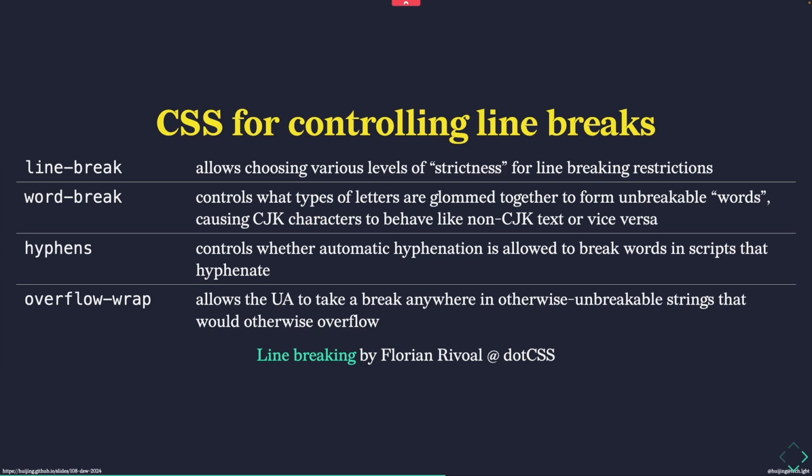It's a bit complicated. There are also scripts like Thai, which are written without spaces between words. If you've ever seen Thai text before, there are no spaces anywhere. But then the text ends up being wrapped at syllable boundaries in addition to word boundaries. So if you don't read Thai, sad for you, you're not going to know where the line break is happening. And we could keep going here just because there are so many different writing scripts in the world, right? So these are the 4 properties here for controlling line breaks.